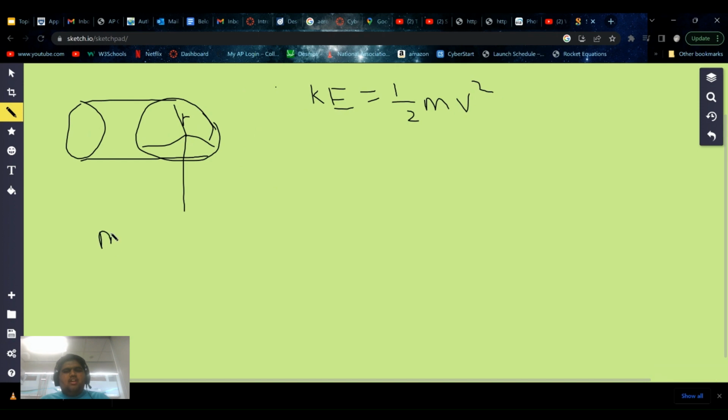Now recall that density is mass divided by volume, and so mass becomes rho V, sorry, rho V. So KE is 1/2 rho V, big V, little v squared. This is volume, by the way, just so you know.